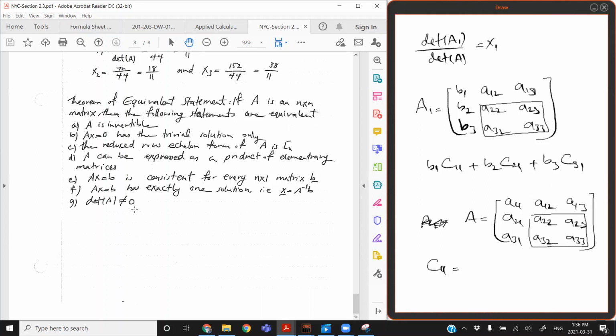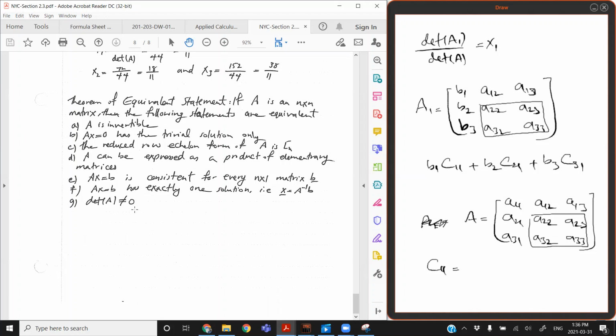A is invertible. That's equivalent to Ax equals 0, the homogeneous linear system, has the trivial solution only. This is equivalent to the reduced row echelon form of A is I. This is equivalent to A can be expressed as a product of elementary matrices.